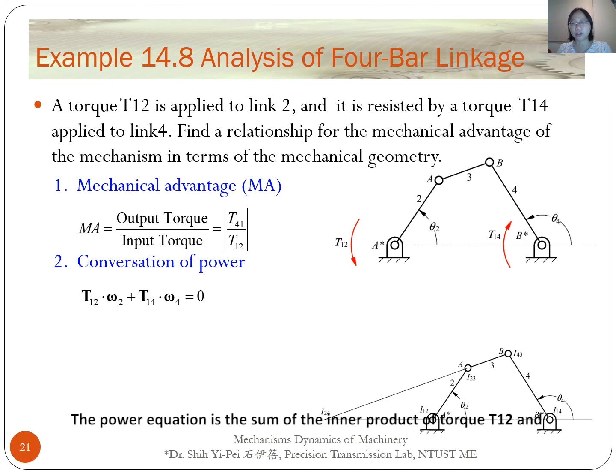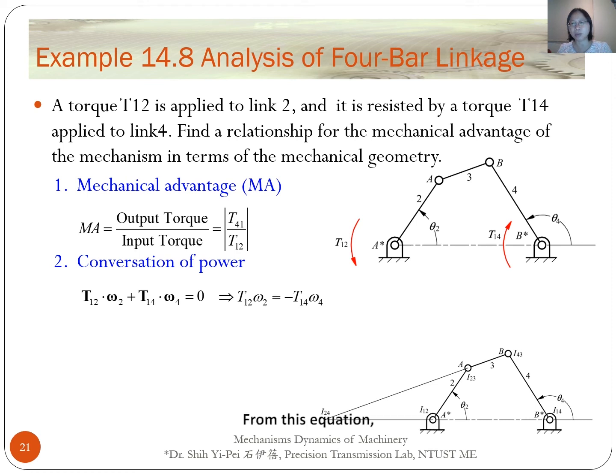The power equation is that the sum of the inner product of torque T12 and the angular velocity omega 2, and the inner product of the torque T14 and the angular velocity omega 4, is equal to 0.